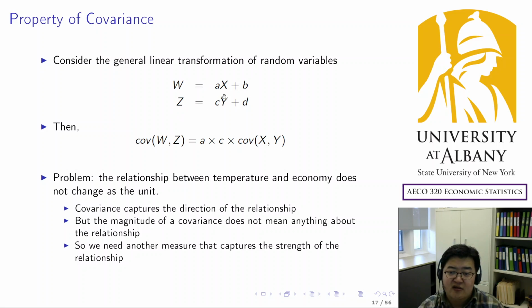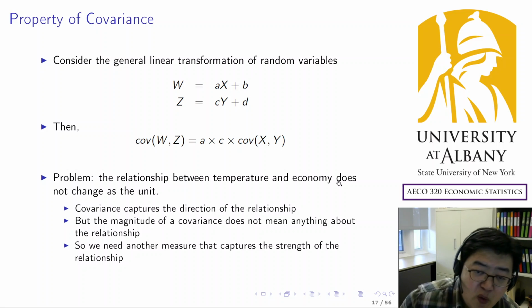And then the covariance of the new random variables is the original covariance times those two coefficients, slopes, right? A times C. And as I said, plus B and plus D do not affect the covariance at all, right?